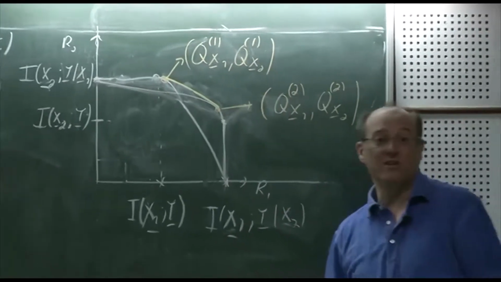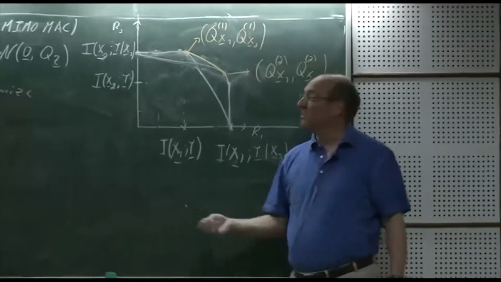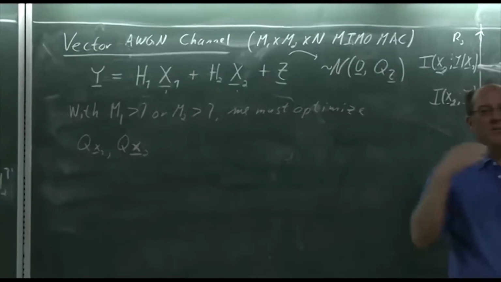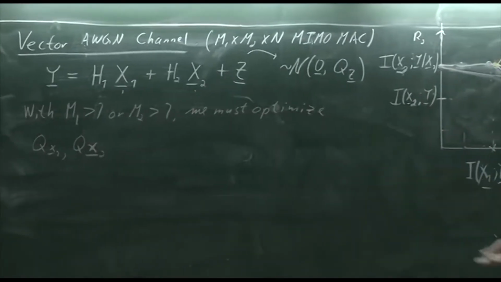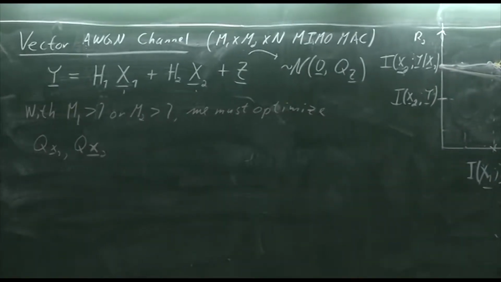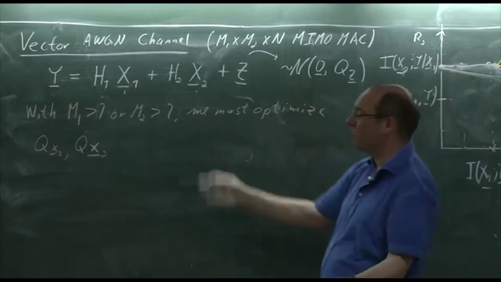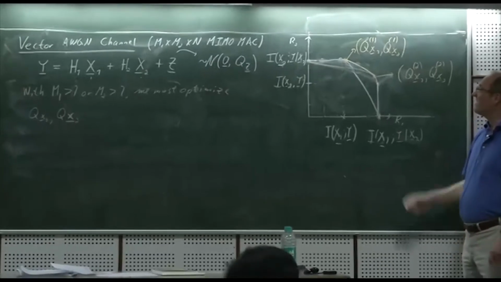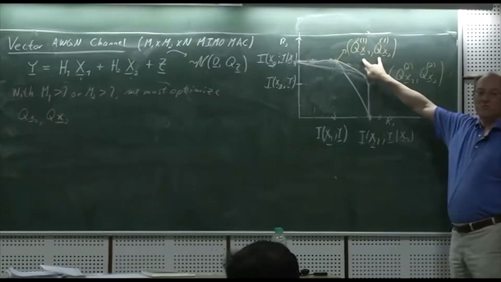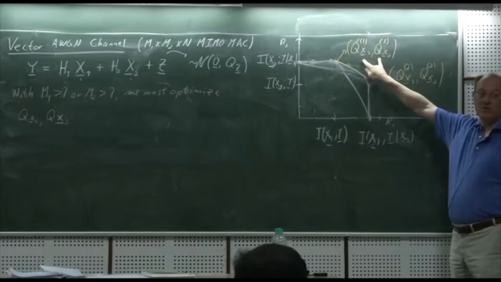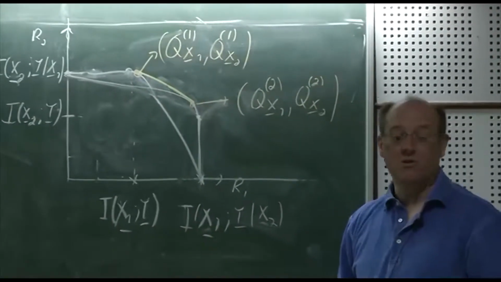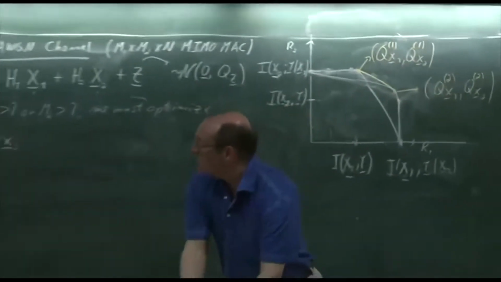Okay, so this is an interesting insight. When you're doing optimization for MIMO MAC, the behavior kind of changes. We can show Gaussian is optimal, and that the region has this form, but when you do the optimization over these matrices, you get answers like this. And the optimization over these matrices usually has to be done numerically, right? I mean, even for a point-to-point channel, that's true, right? Just think about the following case.